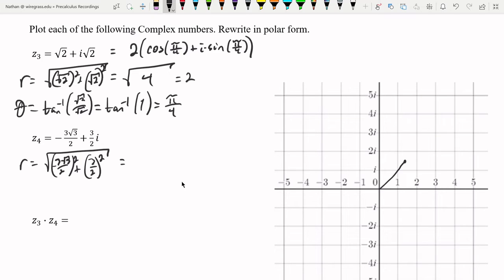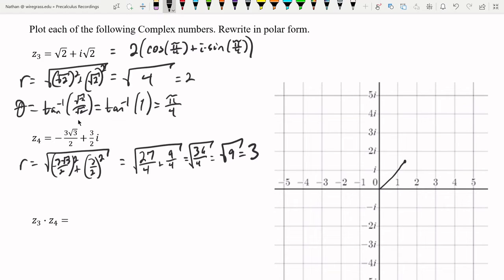All right, let's see, we're going to get 9 times 3 is 27 over 4 plus 9 over 4. That gives me 36 over 4, which gives me the square root of 9, which is 3.